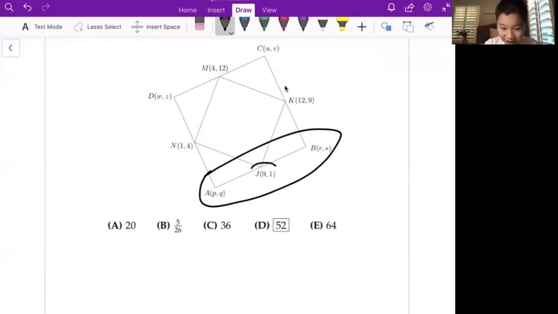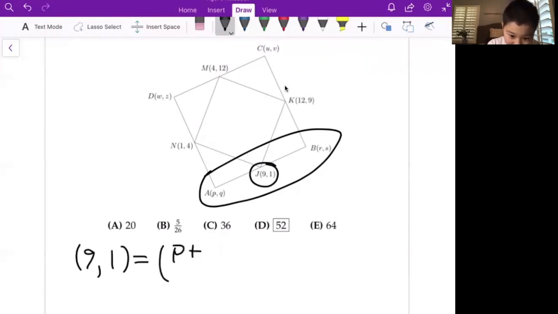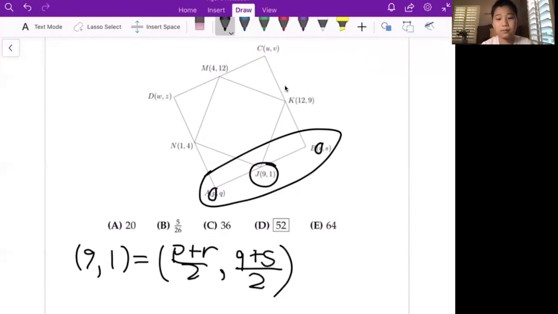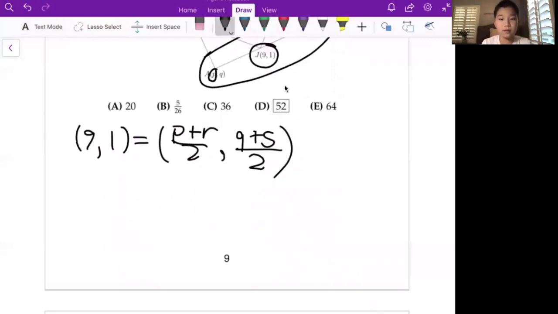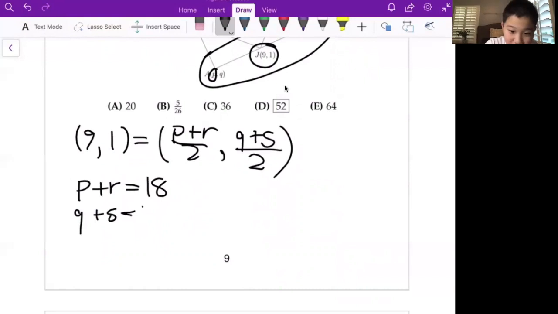So like J, (9, 1), is equal to ((P plus R) over 2, (Q plus S) over 2). This is P, this is R. So P plus R equals 18. And then Q plus S equals 2.